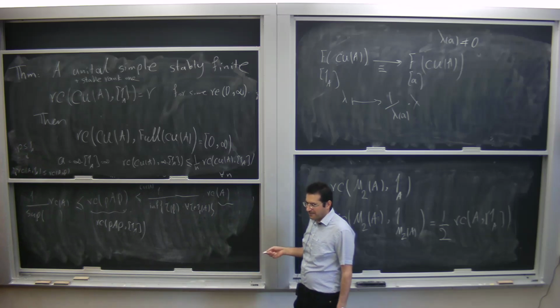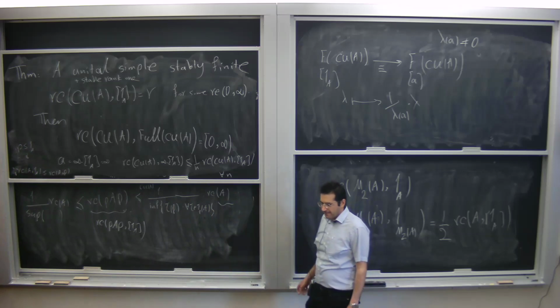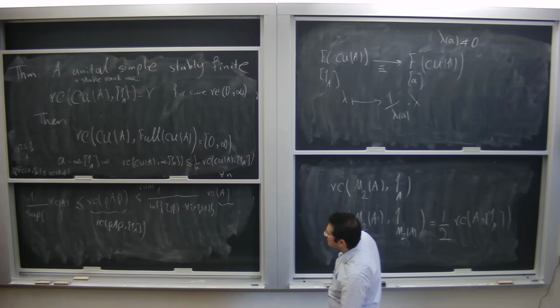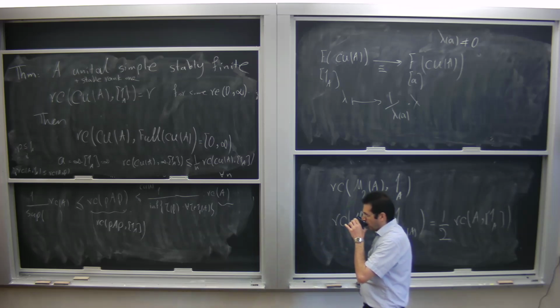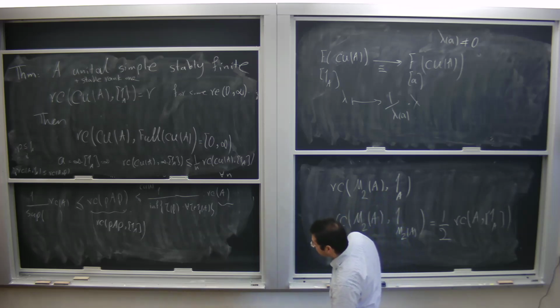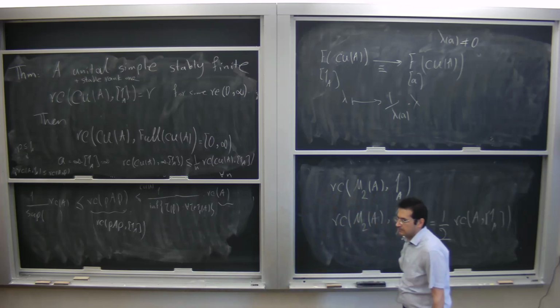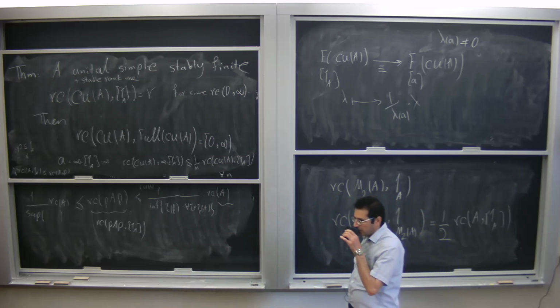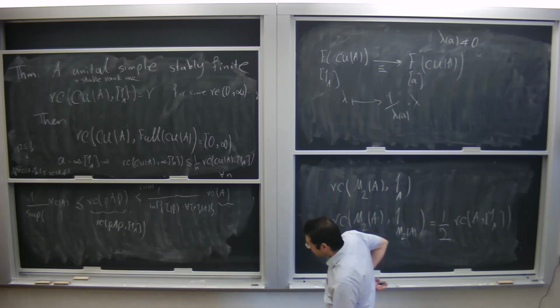Well, that's not exactly what I was thinking. What I was thinking is that the rank of a projection is a continuous finite non-zero valued function. And so if you take the rank ratio, which in this case is just the ratio of the two functions, it's a bounded finite valued function.